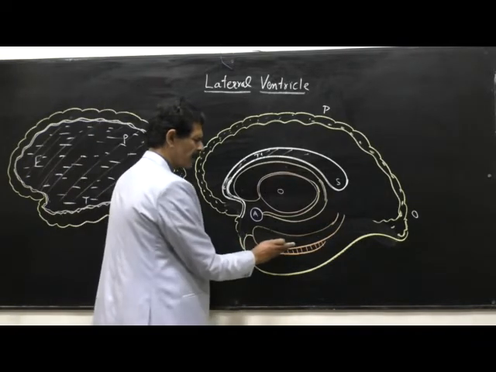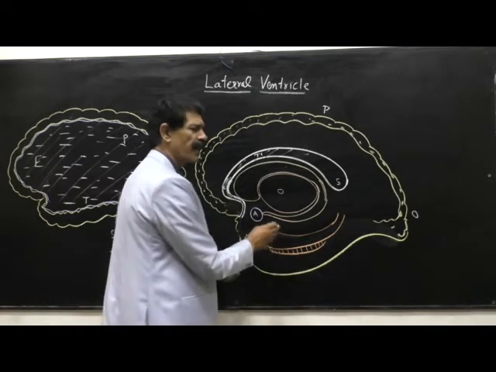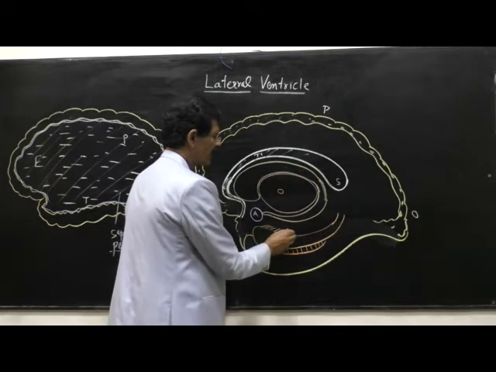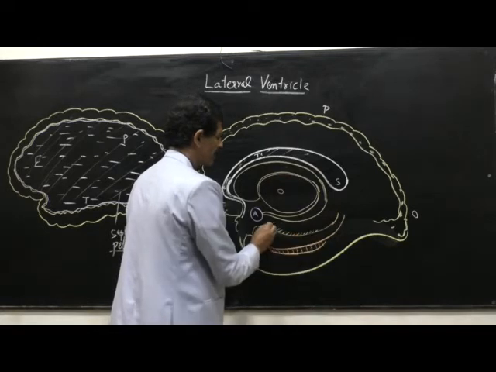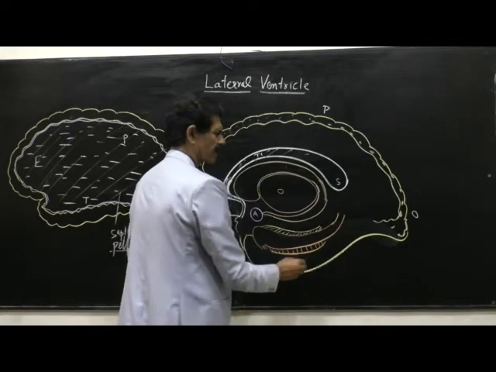Then from the dentate gyrus, parahippocampal gyrus and the hippocampus, we have developed the alveus, the white matter. And all this white matter is collected medially on the hippocampus to form what is called the fimbria of the fornix.